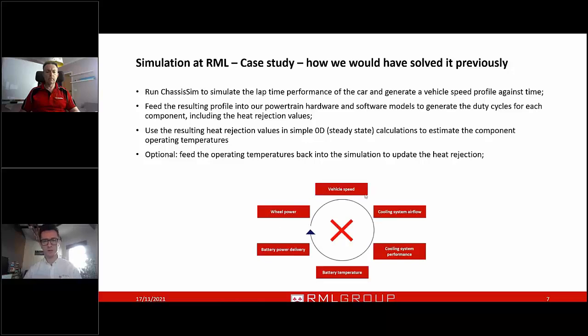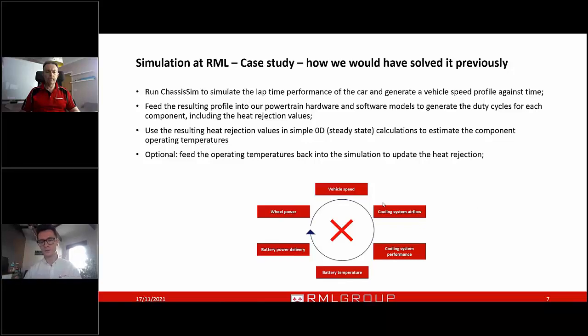So this is how the loop would look, but obviously it's a broken loop because it relies on the user as an interface between ChassisSim, between MATLAB powertrain models, and between whatever was used to do the 0D steady state calculations for the component operating temperatures, which isn't great because in this case, vehicle speed doesn't affect cooling system airflow.